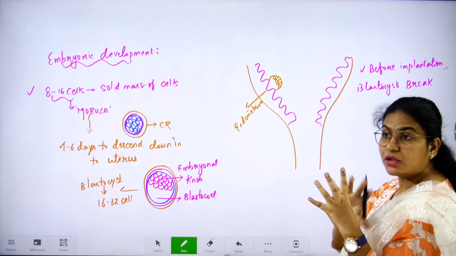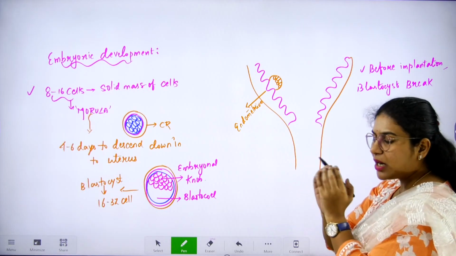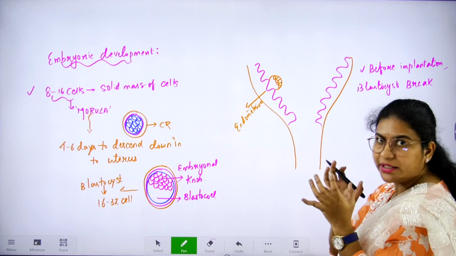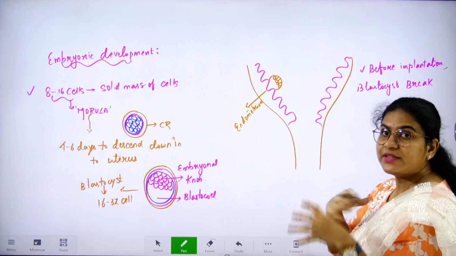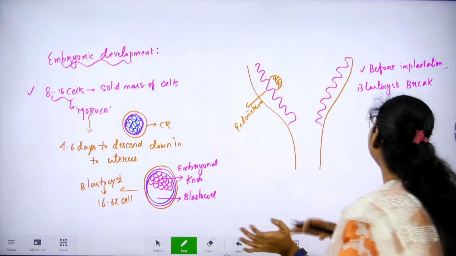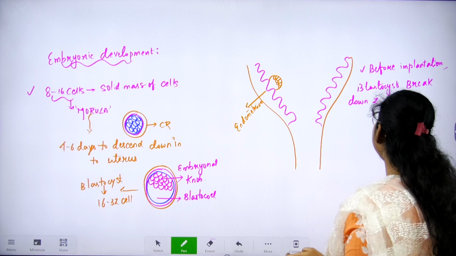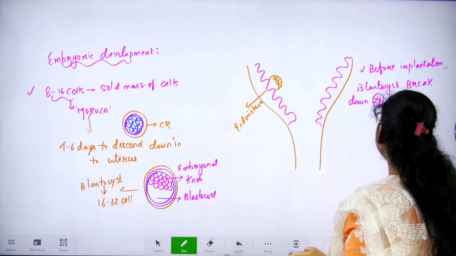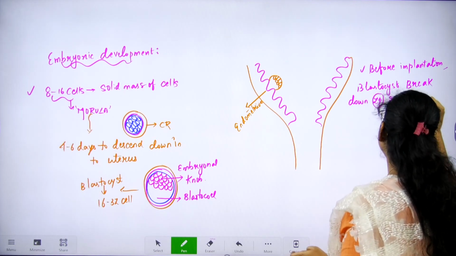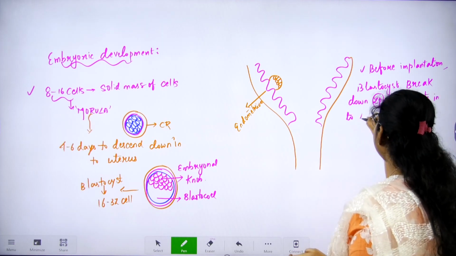Zona pellucida is a non-cellular layer, so it is not allowing further growth, and the mass of cells has become too solid. The zona pellucida will start breaking off and the blastocyst will be liberated out of it. So the blastocyst breaks down the zona pellucida, ZP, and implants into the wall of the uterus. This implants into the endometrium.